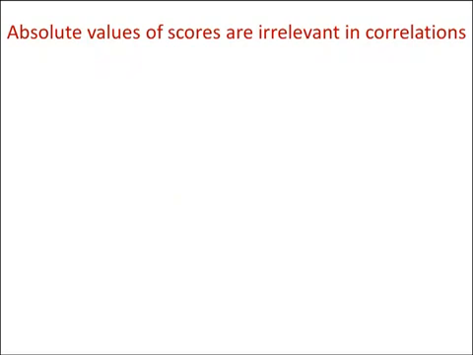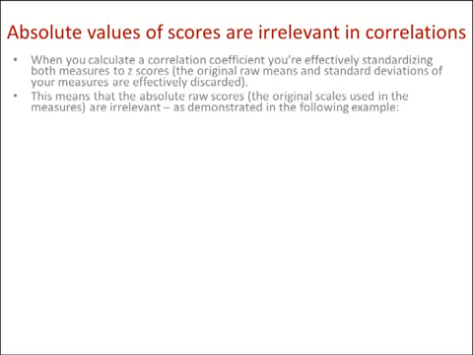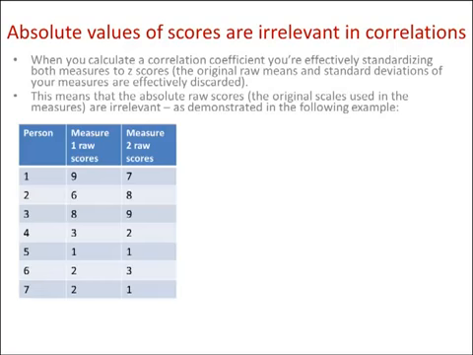Another important point is that because in correlations we're converting everything into a z-score, standardizing both measures, the absolute values of the scores are completely irrelevant. Effectively you're throwing away the raw means and the raw standard deviations of both of your measures. Let's illustrate this with a little example.